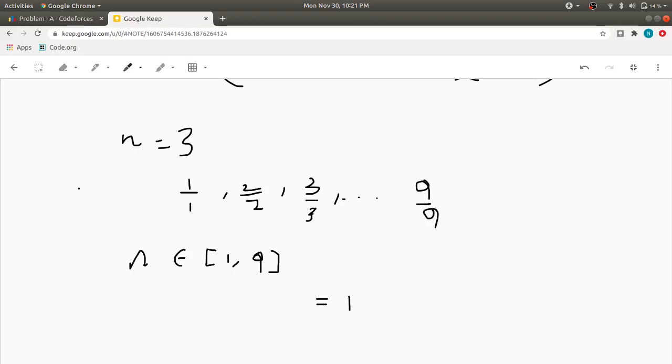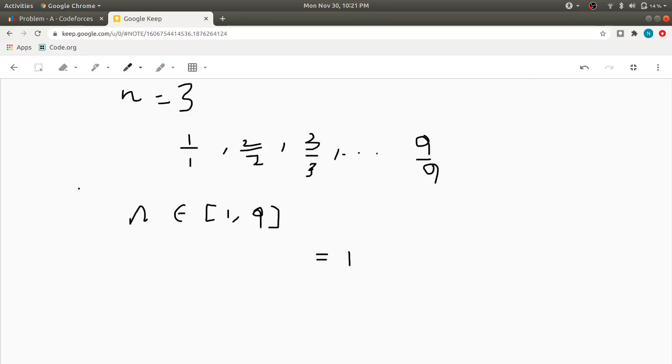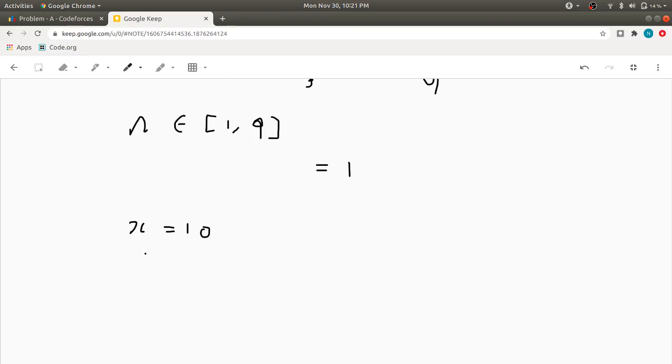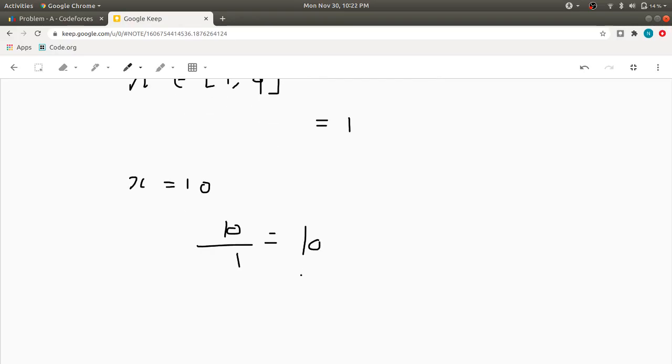Now let us see for x equal to 10. If x is 10, then g(x) will be 10 divided by 1, which is 10. So for 10 we are getting 10. Likewise, for 11 we are going to get 1, for 12 we get 1, similarly till 19 we get 1.